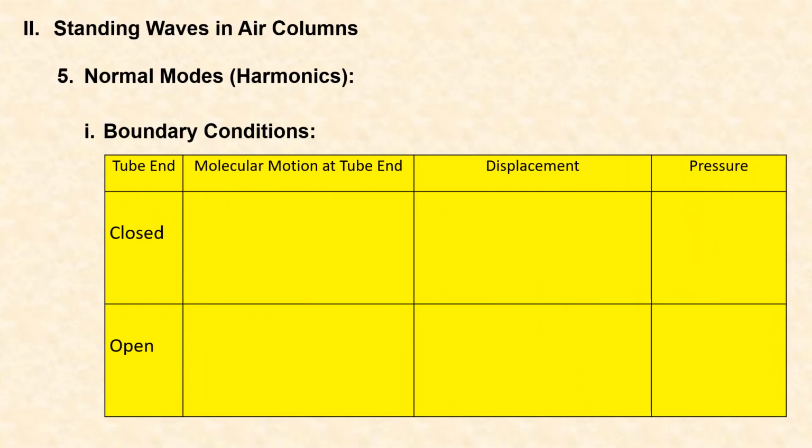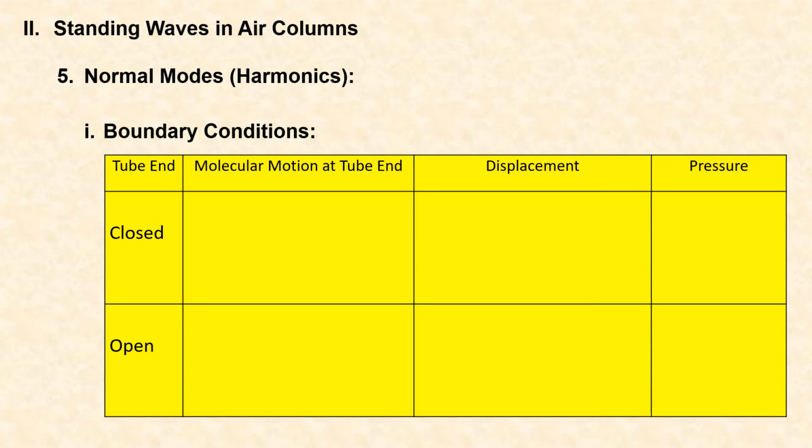We'll now turn our attention to the normal modes, that is the allowed standing wave patterns that can form in a tube open at both ends or a tube that is closed at one end. To understand the allowed standing wave patterns, we need to start by identifying the set of boundary conditions that lead to standing wave formation.